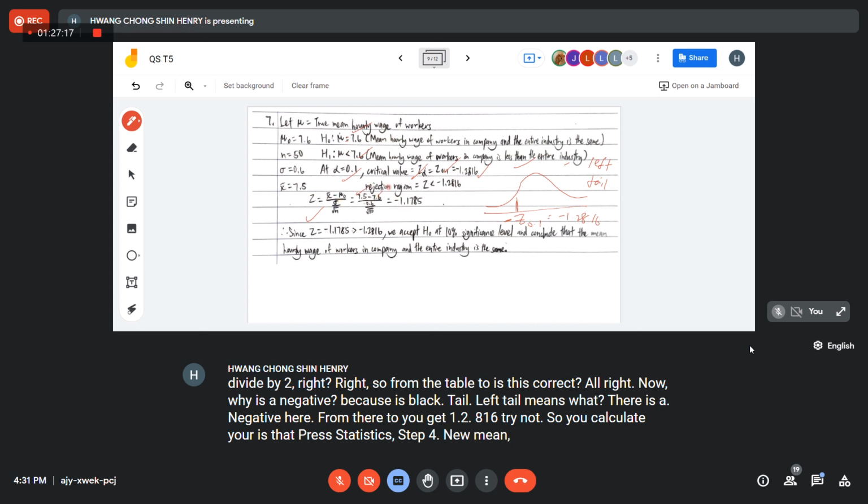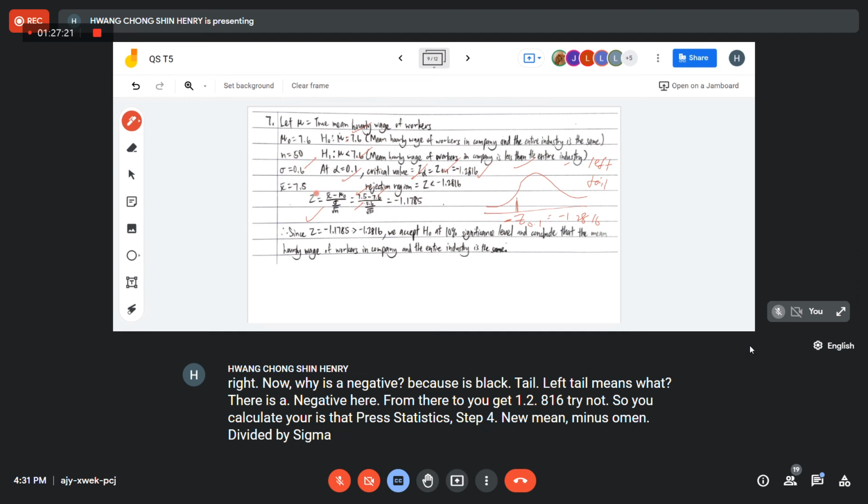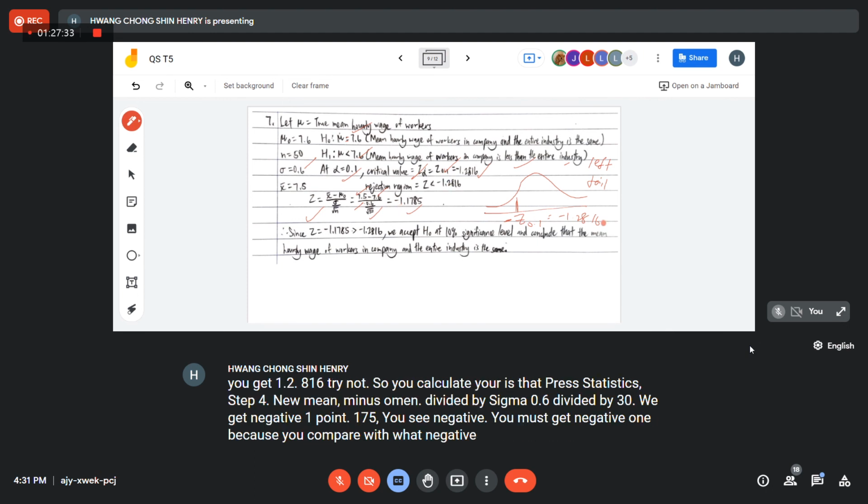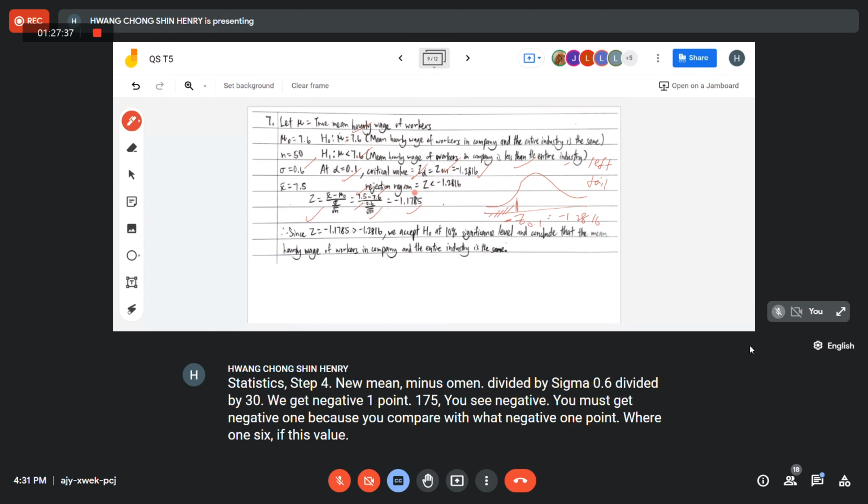New mean minus old mean divided by sigma 0.6 divided by square root of 50. You will get negative 1.1785. You see, negative. You must get negative because you compare with what? Negative 1.2816. Now, if this value less than this value, you fall inside here.